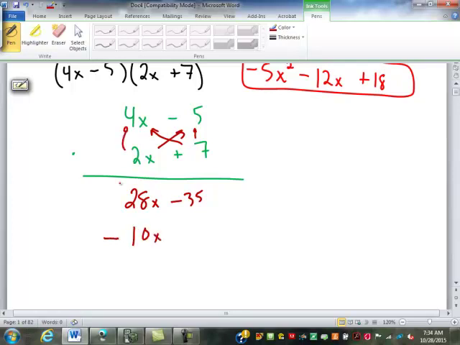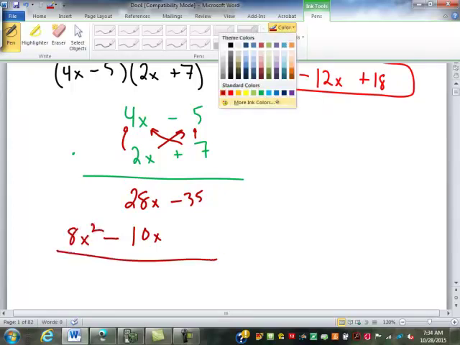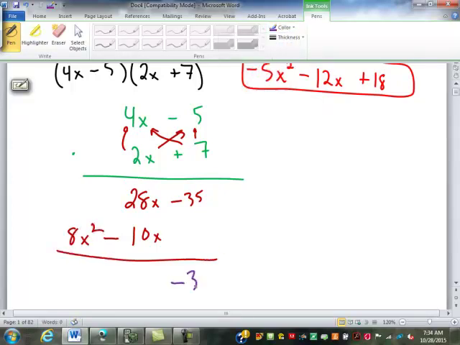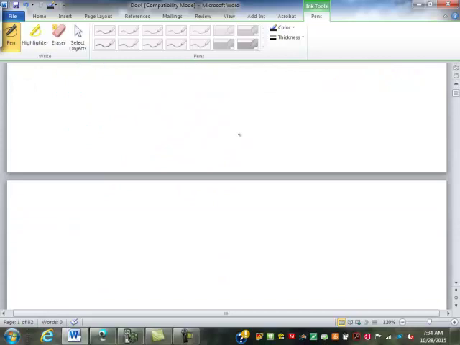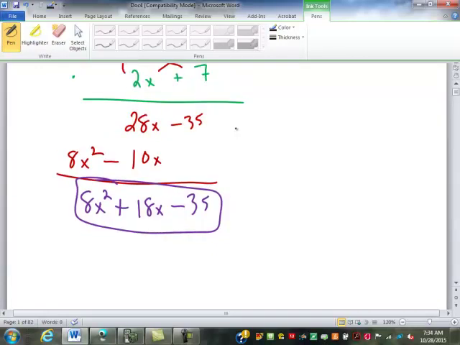And 2x times 4x, 8x squared. So we combine, we got negative 35. 28 plus negative 10 is positive 18x. And 8x squared. Any questions on that one?